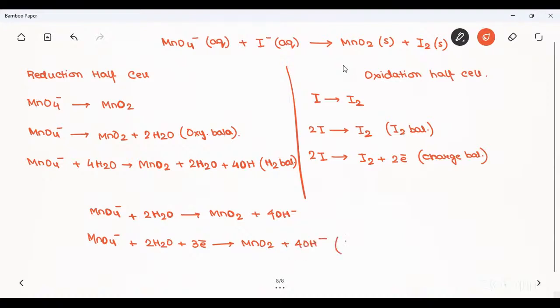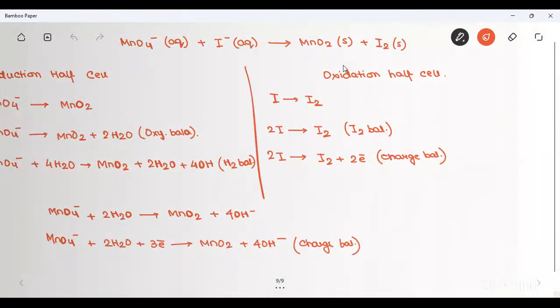Simple. So this is again charge balancing. Right, charge is balanced. Now for the whole thing, 2 of MnO4 minus plus 2 H2O plus 3 electrons. This will give MnO2 plus 4OH minus.